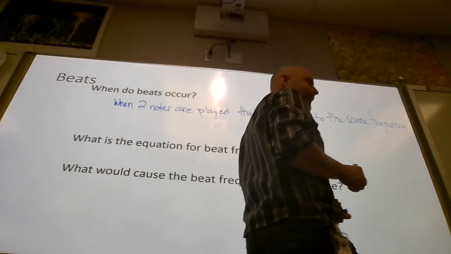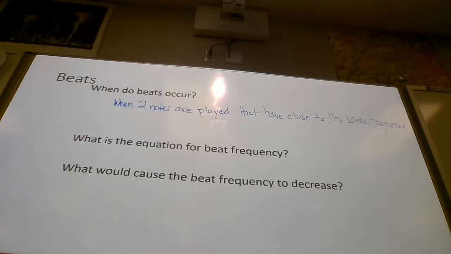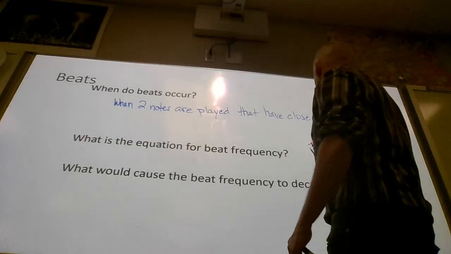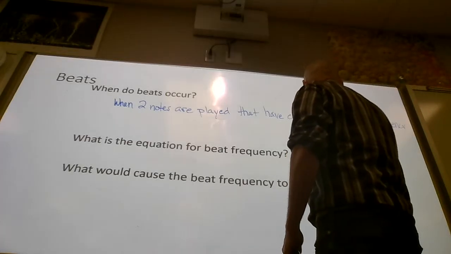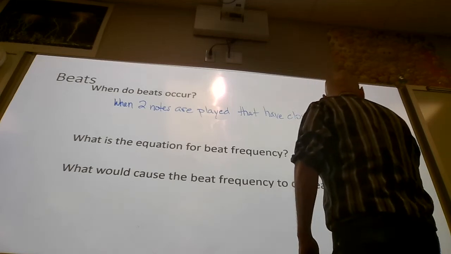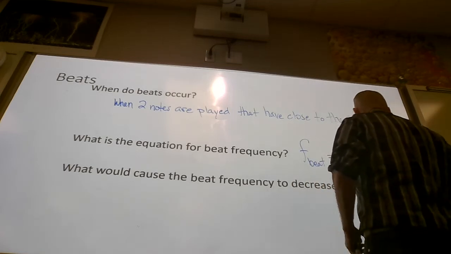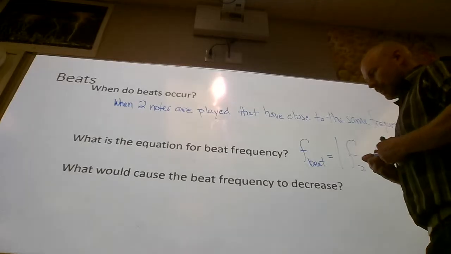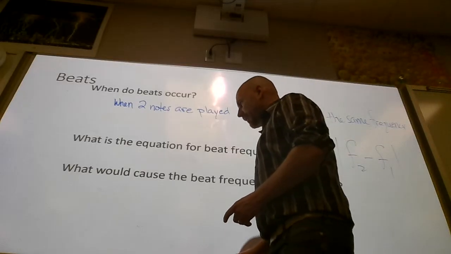Okay, this is not like the drop the beat, like not rhythm beat. This is a different type of beat. Beat frequency is equal to the absolute value of the difference of the two frequencies being played.